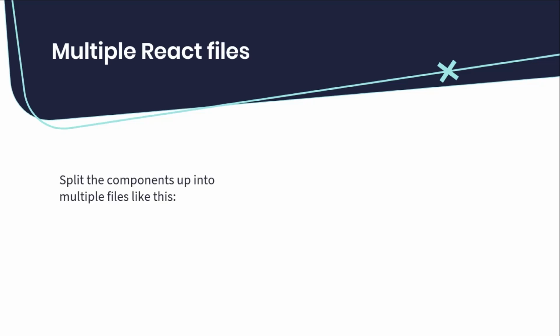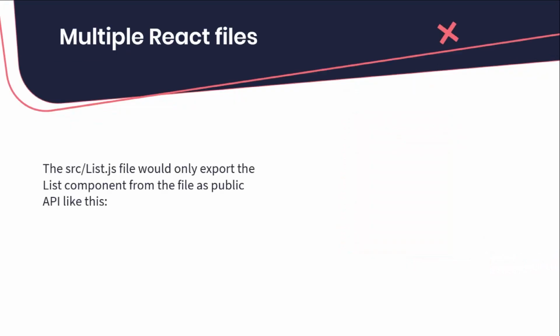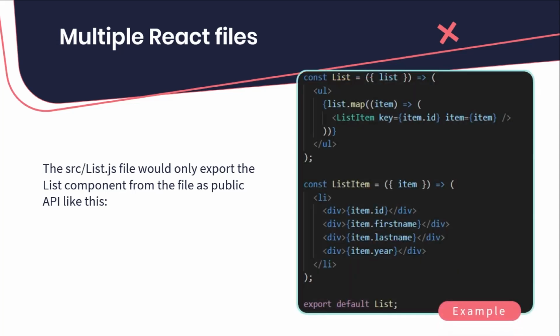And you can decide how far you want to take it here. For example, you could go with the following folder structure. While the src list.js file would have the implementation details of the list and the list item components, it would only export the list components from the file as public API, as shown here.